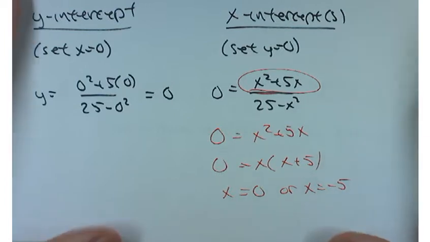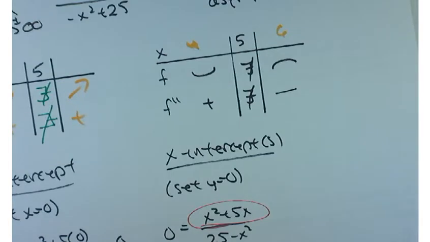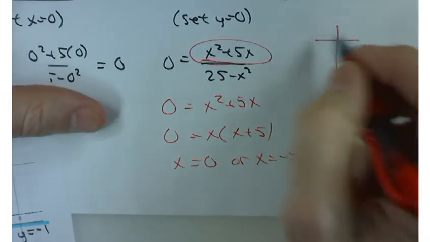Let's see if this information matches what we see out of our graphing calculator. We've got a lot of information about where the function's increasing, decreasing, concave up, and concave down. So, how do we put that all together? Well, we can plot our points, right? We've got a few points here.